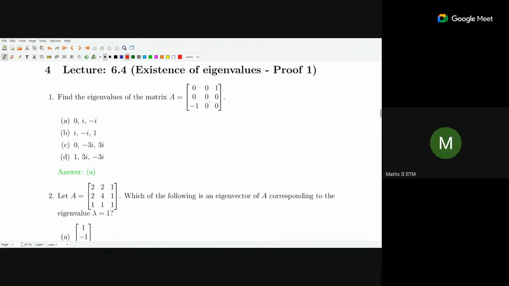Let me recall what this proof 1 is. Can you give me an idea? It's mostly about singularity. Like if it is singular, then it's... Okay, I got it.